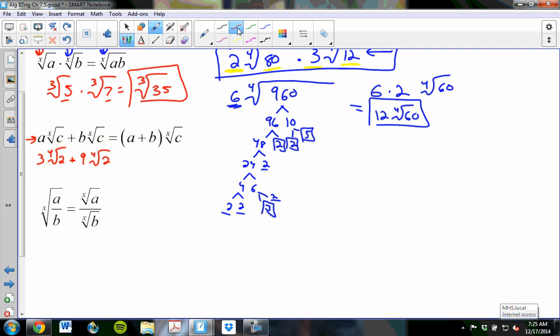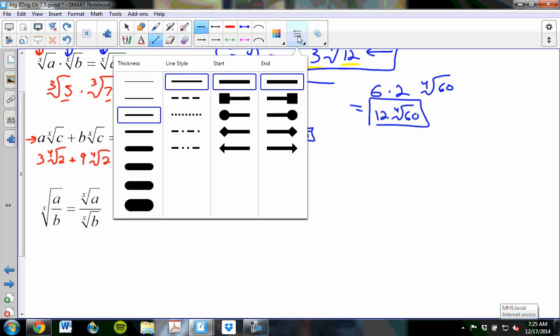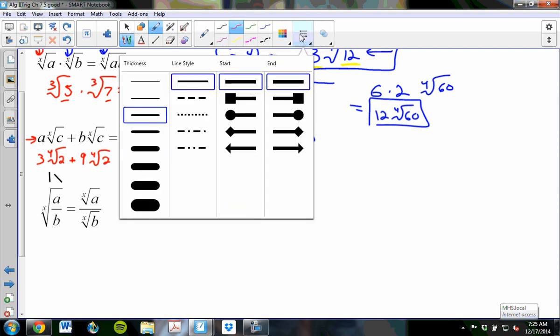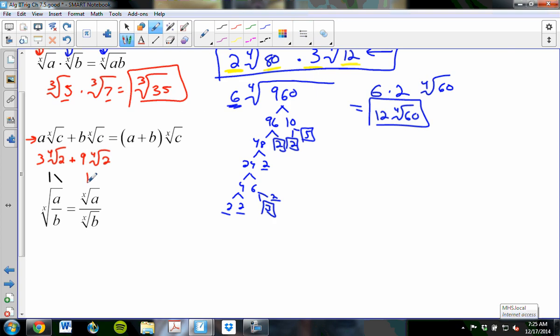So I add these up, and I get 12 times the fourth root of 2. Sorry, I wrote that like a crazy person.